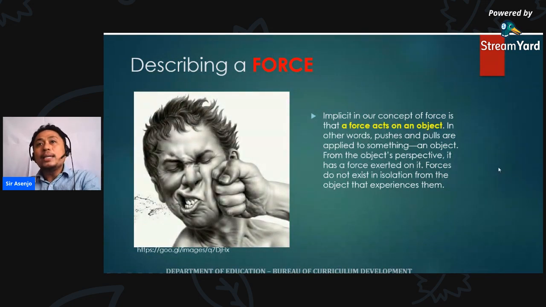So again, implicit in our concept of a force is that a force acts on an object. When we talk about force, we do not do it in isolation. We talk about force acting on an object. You understand?